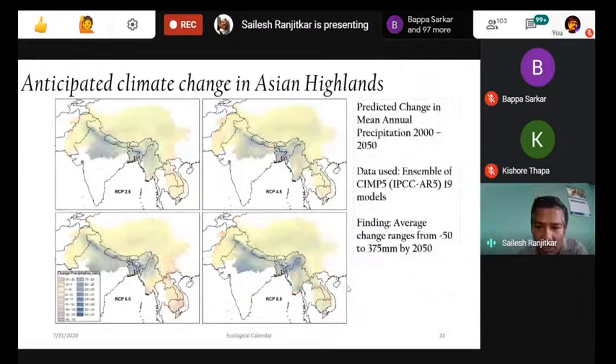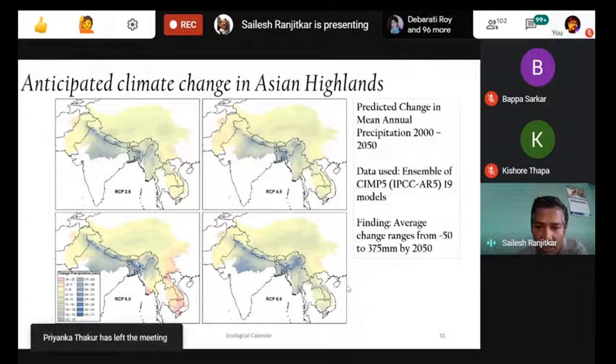Similarly, precipitation might reduce in some places and increase up to 375 millimeters by 2050. This is again based on the ensemble, or averaging, of the IPCC AR5 scenarios from 19 models available for modeling purposes.